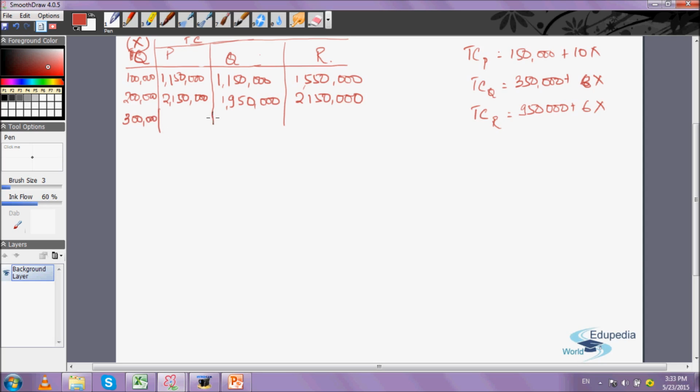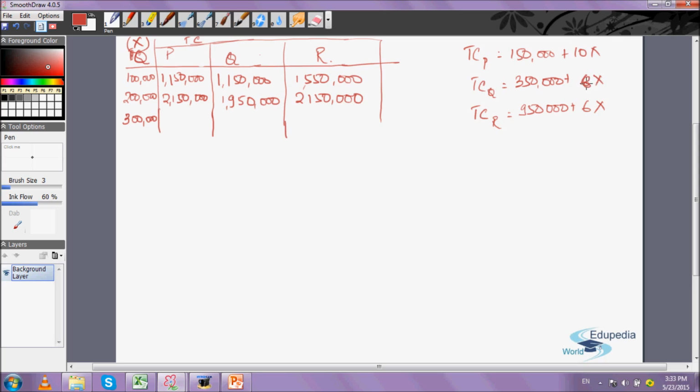Similarly, let's find for 300,000. Okay, so for 300,000, and now again at 300,000 we know that Q and R are going to be equal. So let's calculate for Q. Let's put the value of X here in the second equation as 300,000.